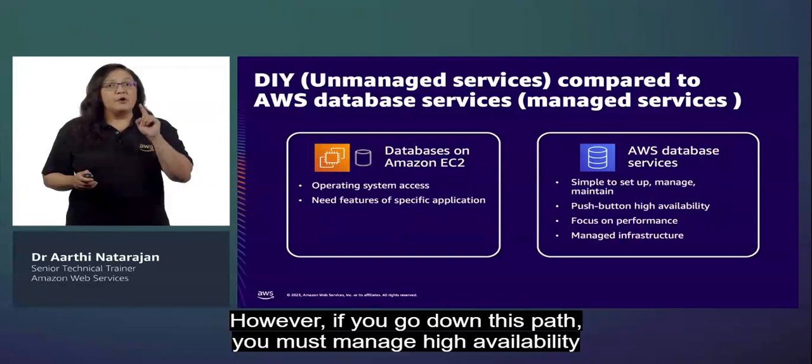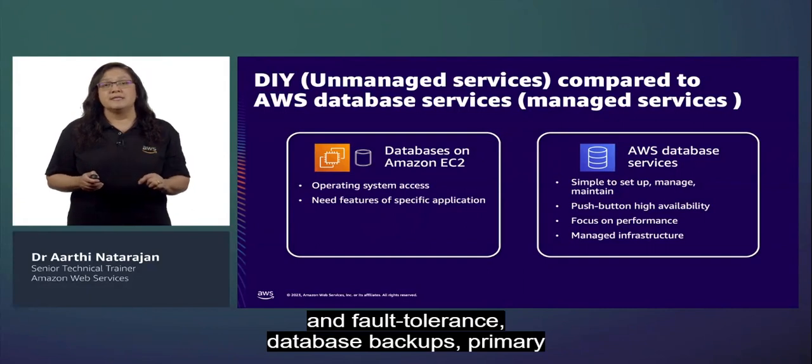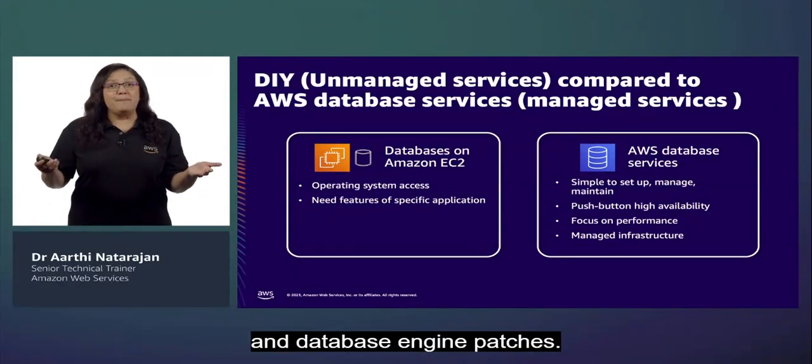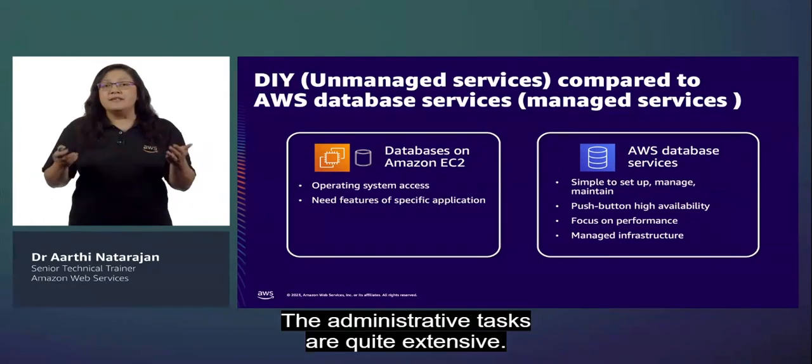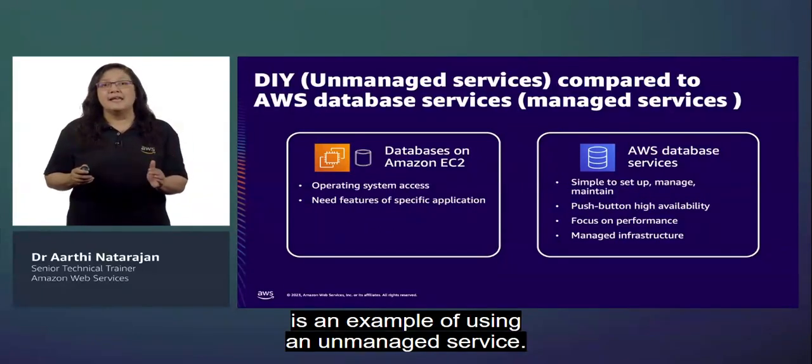However, if you go down this path, you must manage high availability and fault tolerance, database backups, primary and secondary replication, operating system, and database engine patches. The administrative tasks are quite extensive. Running a database on an EC2 instance is an example of using an unmanaged service.